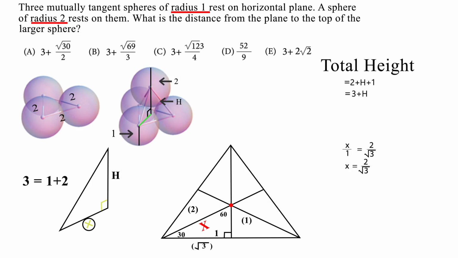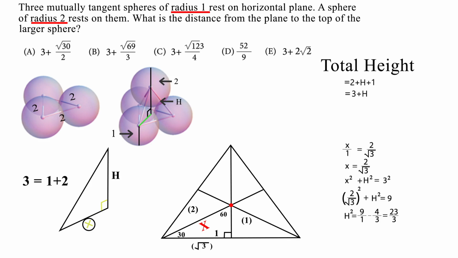Using that triangle and Pythagorean theorem, we have x squared plus h squared is equal to 3 squared. X is 2 over root 3, all squared, plus h squared is equal to 9. And therefore h squared is equal to 9 minus 4 over 3. And if you get a common denominator, you'll get 27 over 3 minus 4 would be 23 over 3.